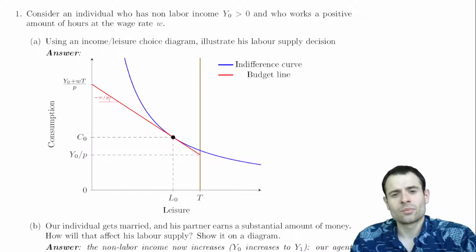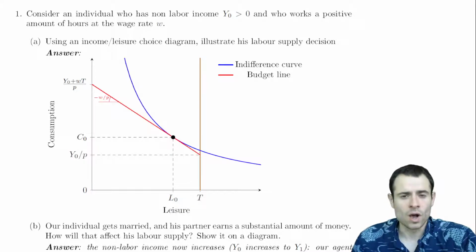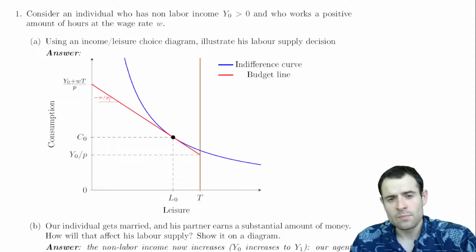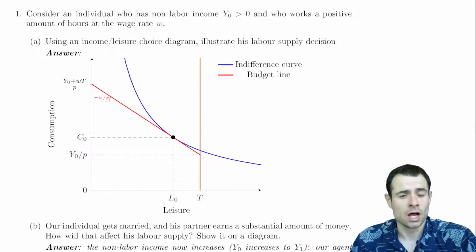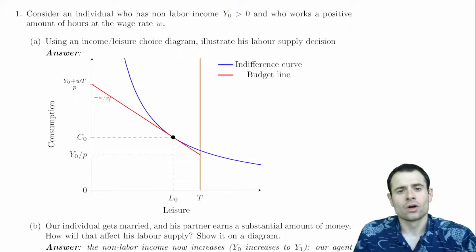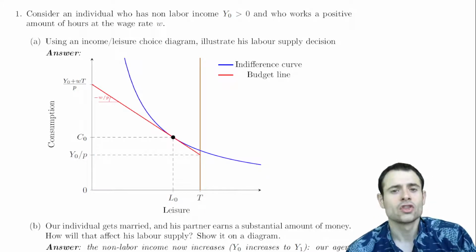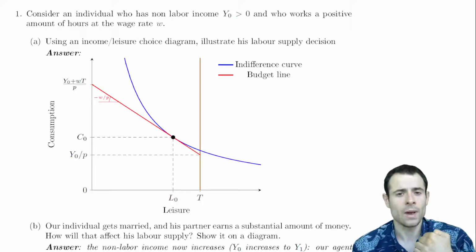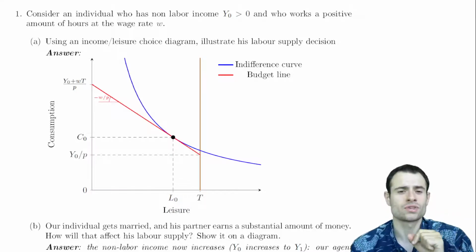The second welfare program we went over was the negative income tax program, where a benefit is given to an individual, and for any extra hour worked, the government doesn't get all the money coming from that hour worked back, but rather a certain percentage.